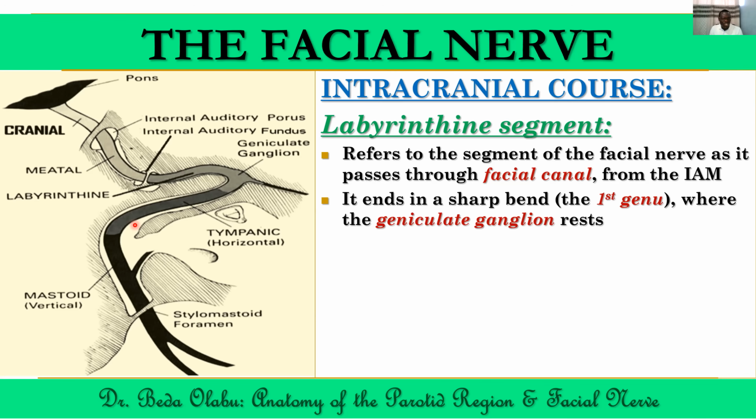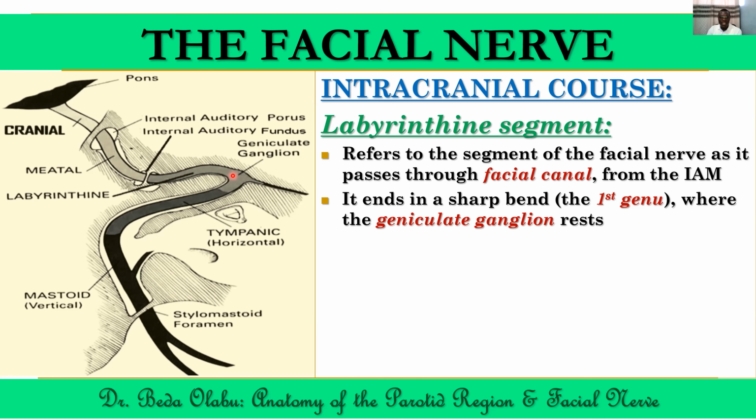Usually it will be very short and it immediately ends in a bend, a very sharp bend. We call it the first genu of the facial nerve. And that point of bend is where we find the geniculate ganglion. So the labyrinthine segment of facial nerve houses the geniculate ganglion of facial nerve.